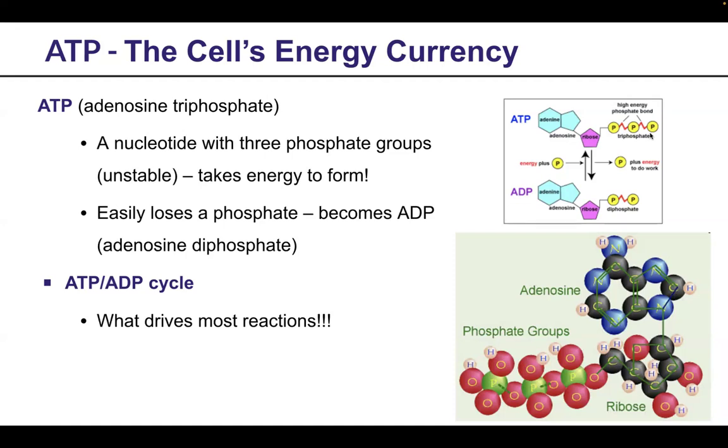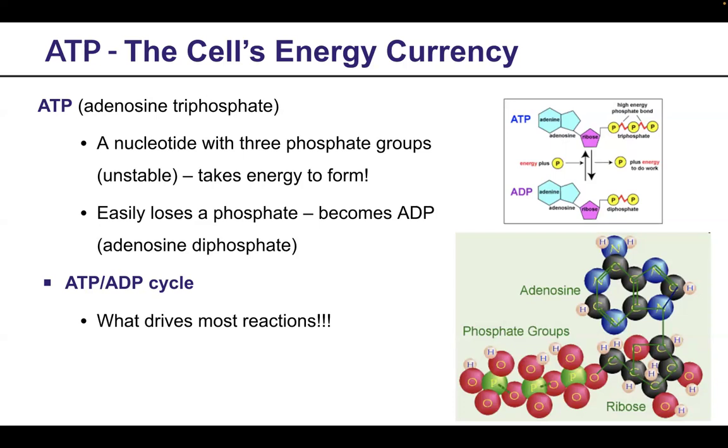So ATP is triphosphate, right? It has 3 phosphate bonds, and it is the energy that it takes to lose that phosphate. So ATP can easily become ADP, and whenever ATP becomes ADP, some of that energy is released. When it is released, we can take that energy and actually use it. The ATP converting to ADP is what drives most reactions in our body.